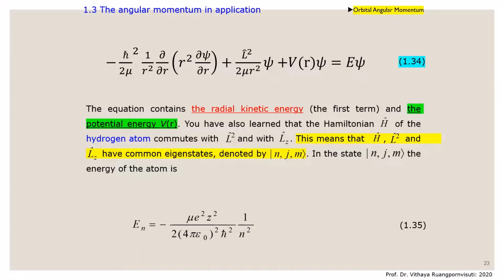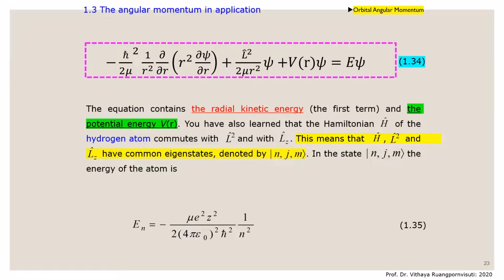The Schrödinger equation for the hydrogen atom, equation 1.34. The first term is the radial kinetic energy and the potential energy V(r).